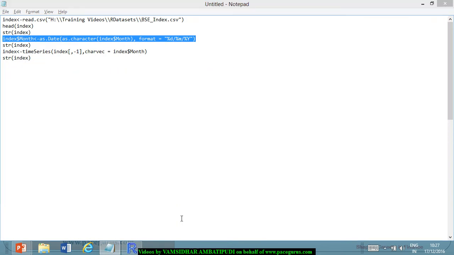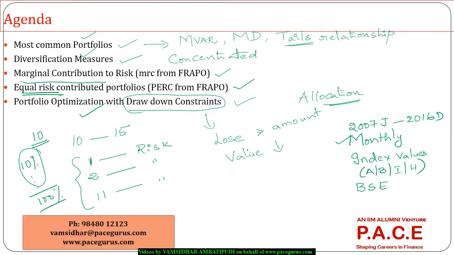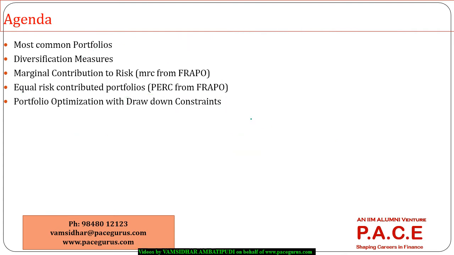Just to remind you, the valid date format in R is YYYY hyphen MM hyphen DD. This is the only valid date format in R. Anything else you give, it will treat as a factor or a character.